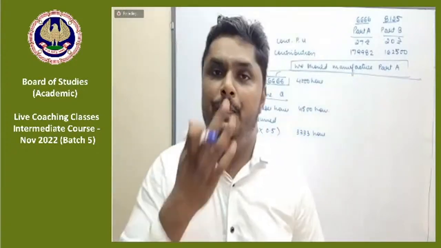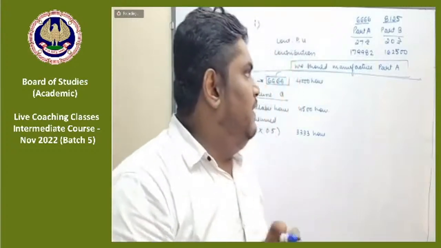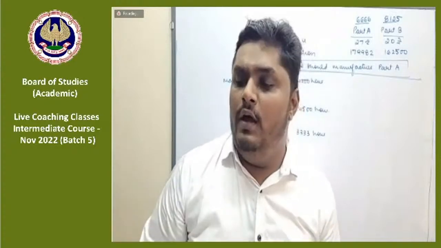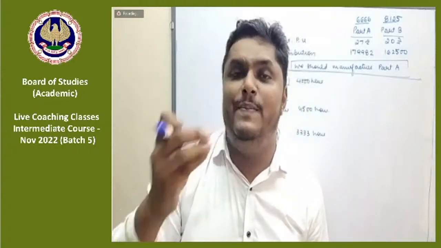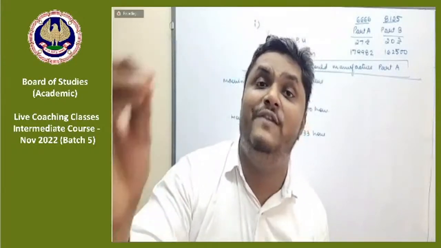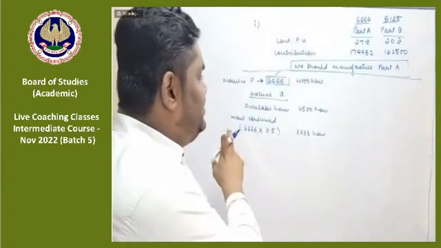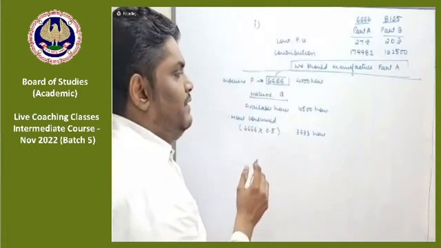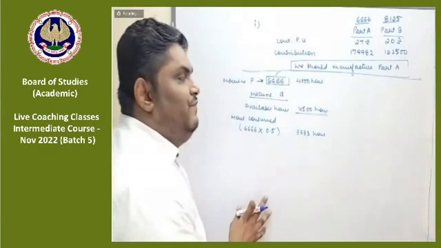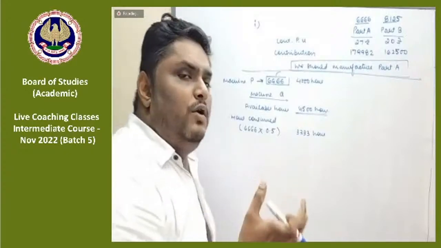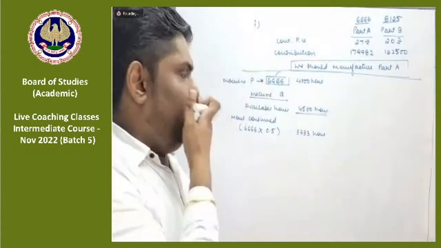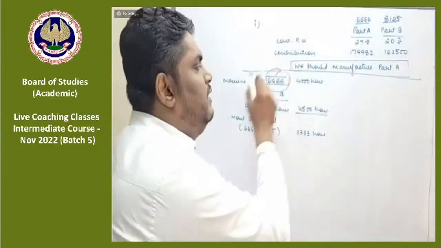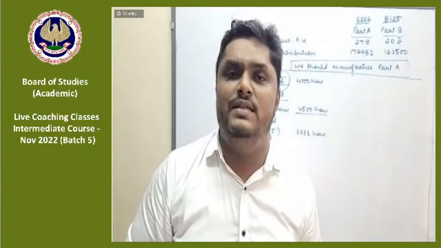I repeat again, as per the question number first, we have to manufacture part A. Now, Y Limited says that if the target price is reduced by 10%, we will give you rupees 60 for the unutilized hours of machine Q. The total hours available were 4,500. All the hours of machine P were consumed, because of which we were able to manufacture 6,666 units.